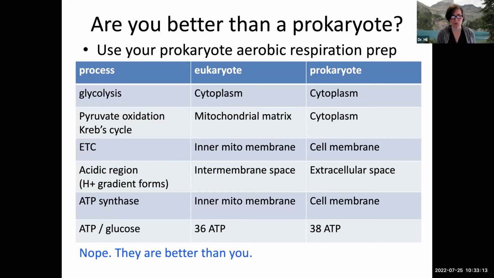And it's comparing where the different parts of aerobic respiration happen in a eukaryotic cell, which you would have studied before, and a prokaryotic cell, and also comparing the ATP yield, noting that in a prokaryote, there's more ATP because of the lack of a membrane. So there's no need to spend ATP bringing chemicals into the mitochondrion.